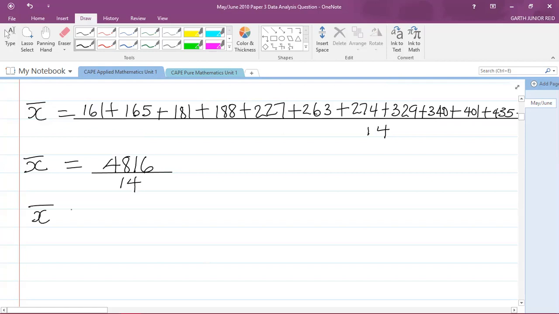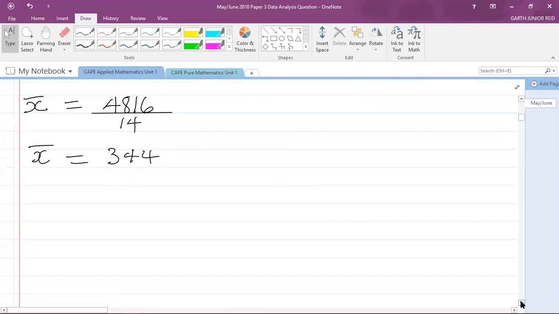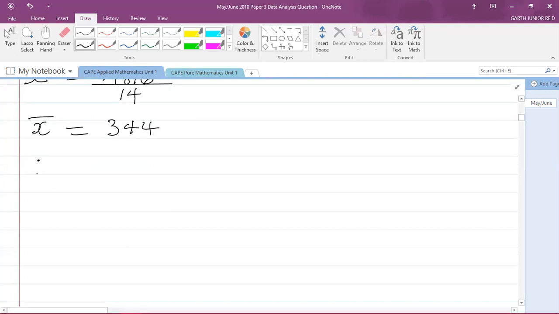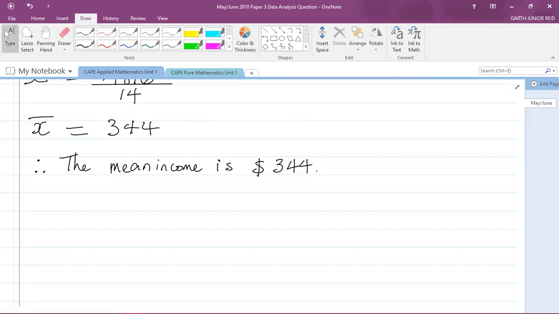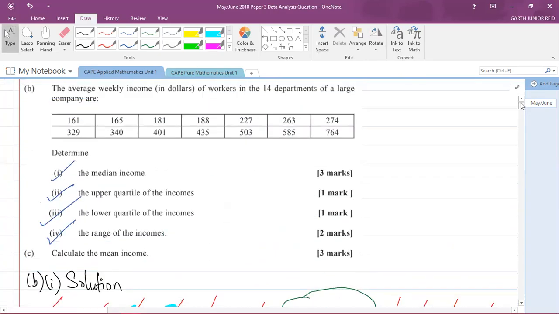So that's going to be x bar equals 344 as your arithmetic mean. Okay, so I'm now going to write a statement and say, therefore, the mean income is $344. Okay, and that is the last part of the question, which says to calculate the mean income.